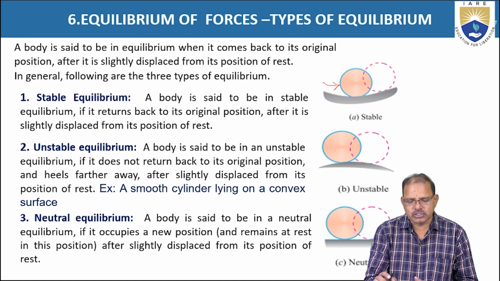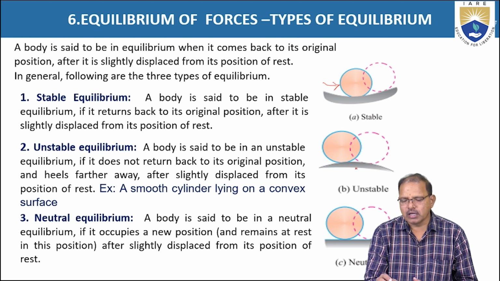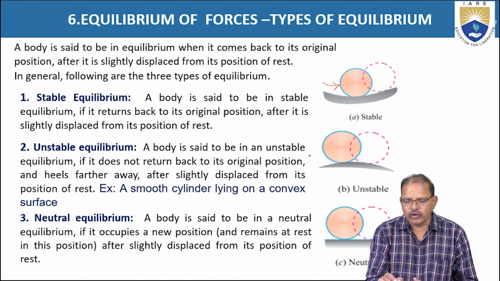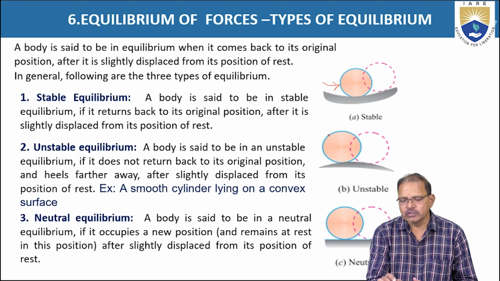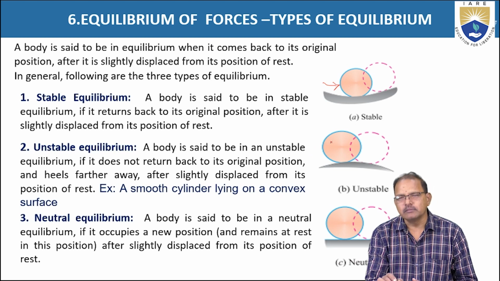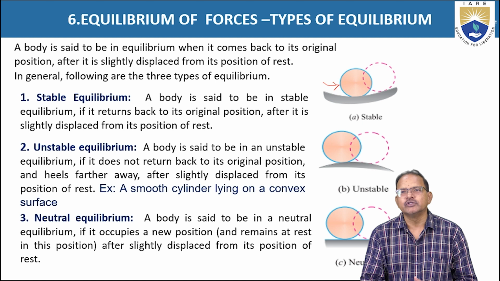Here one more is the unstable equilibrium. Assume the body is resting on a convex surface. When you apply a small force on it, similar to the stable equilibrium, after that it will move further away from its original position.